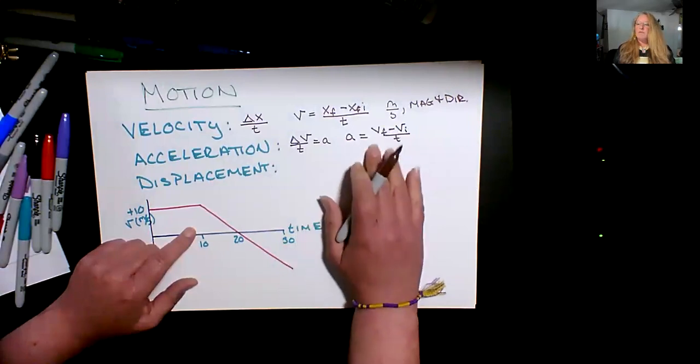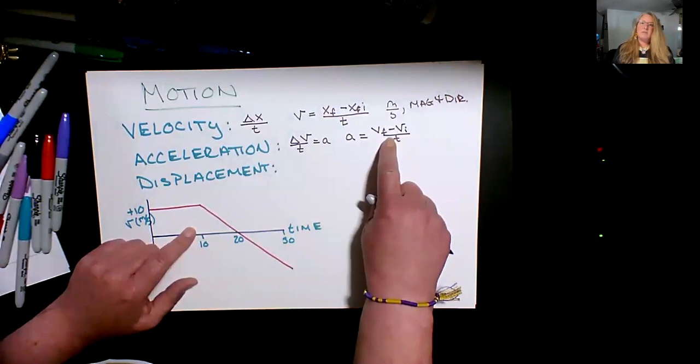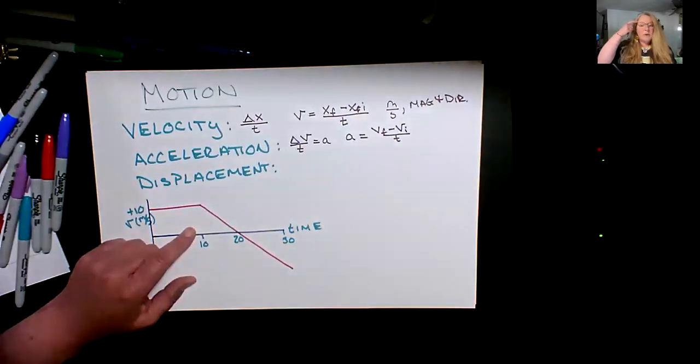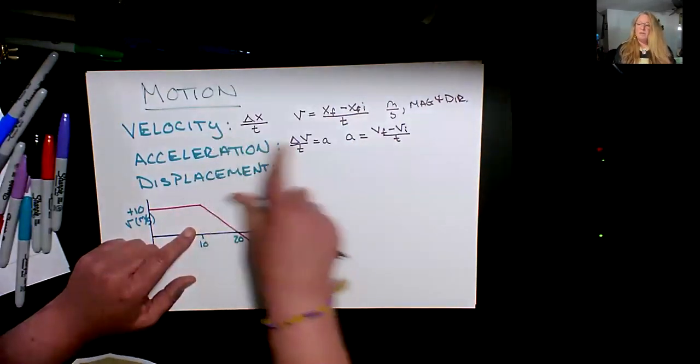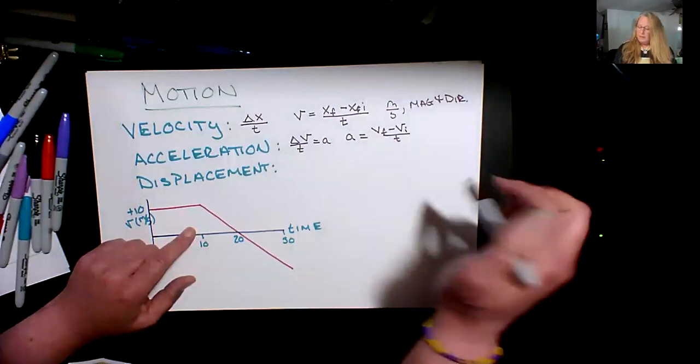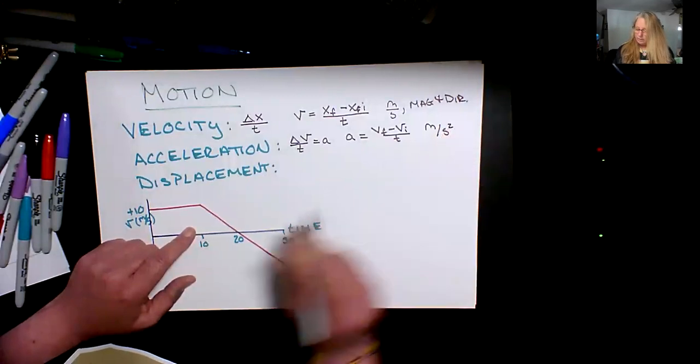This might feel a little redundant, but it says that if my initial velocity is the exact same as my final velocity, then my acceleration is 0. I am not changing my velocity, therefore I have no acceleration.